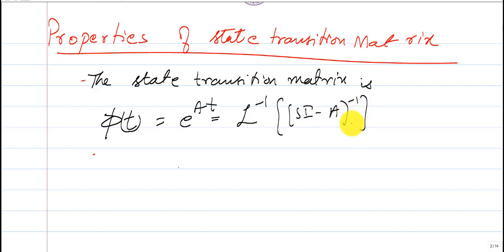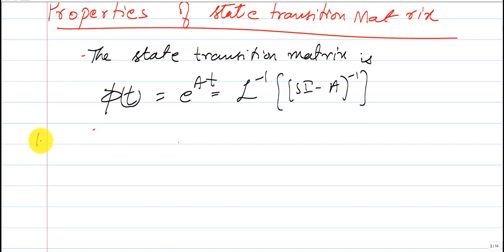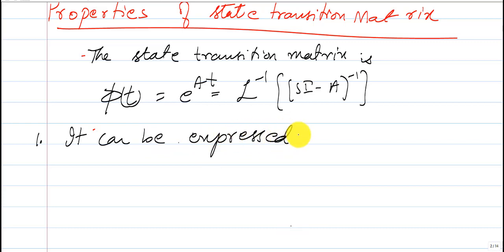So it is the inverse Laplace transform of the resultant matrix. Now the first property that we have seen is that it can be expressed as an infinite series, which we have actually seen and used in the previous lecture.